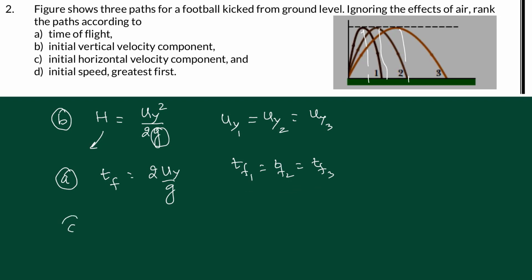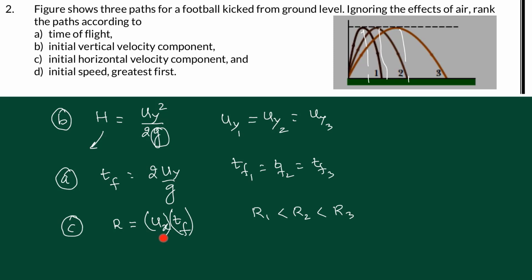C part, what about the initial horizontal velocity component? Range, you know, is x component into time of flight. Look at the diagram. R1 is less than R2 is less than R3. R depends on the initial x component of velocity and time of flight.